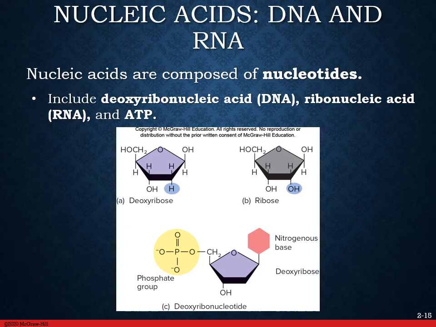Nucleic acids, we're talking about DNA and RNA. They're made up of nucleotides. A nucleotide is made up of a 5-carbon sugar, so a 5-carbon ring, which you can see here. 1, 2, 3, 4, 5.